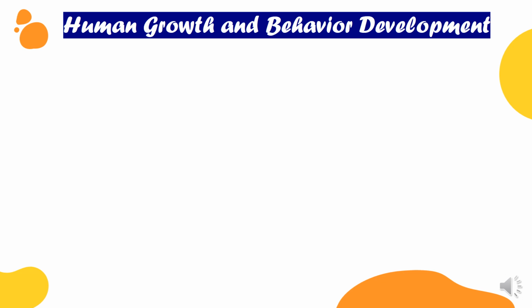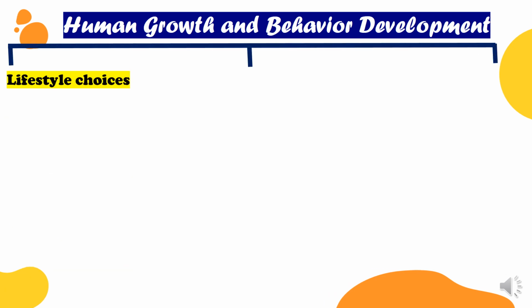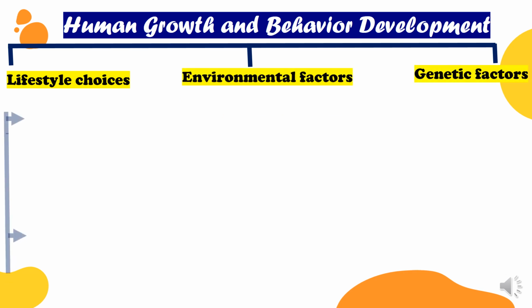Let's talk about the factors that affect human growth. We have three main factors: lifestyle choices, environmental factors, and genetic factors. In lifestyle choices, our choices could affect our growth, like making bad habits and good habits.